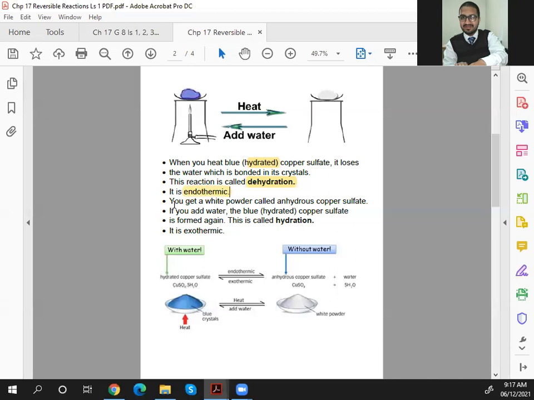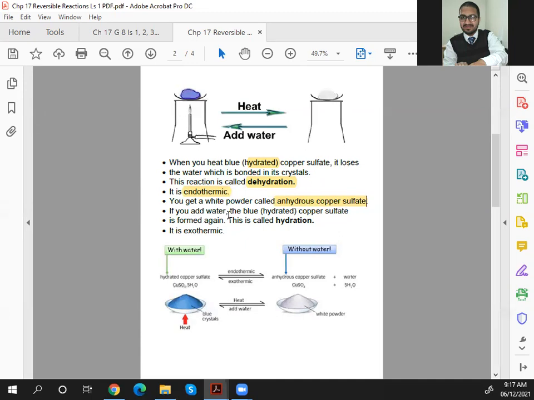You get a white powder called anhydrous copper sulfate. What does it mean? During the heating process, that material loses water. Without water, its color becomes white, and we call it anhydrous copper sulfate.